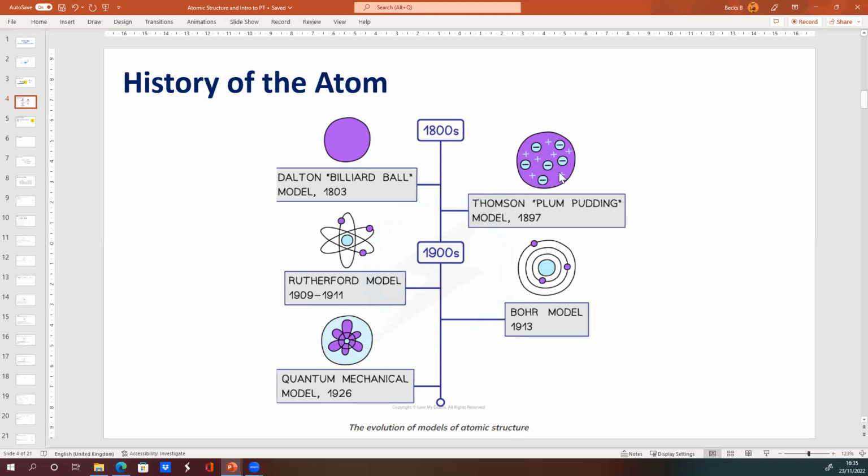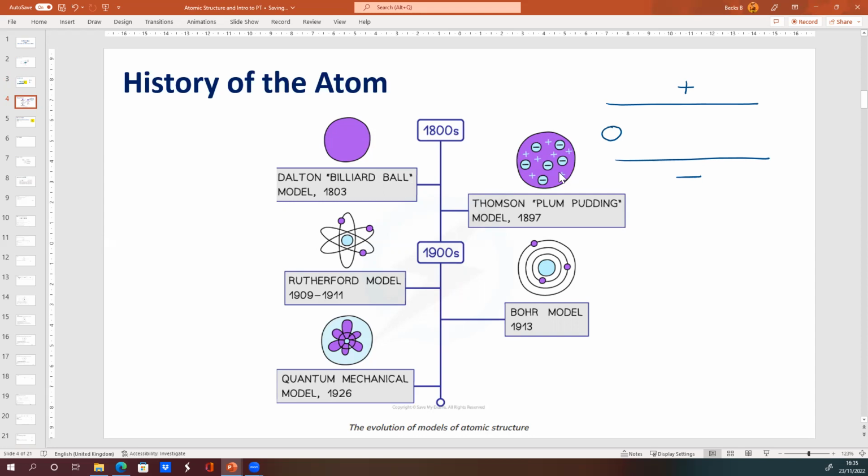Then in 1897, after quite a while of thinking these were solid spheres, a gentleman called J.J. Thomson posed that there must be charges in it. Basically, he took two plates, one charged positive and one negative, and fired atoms through.